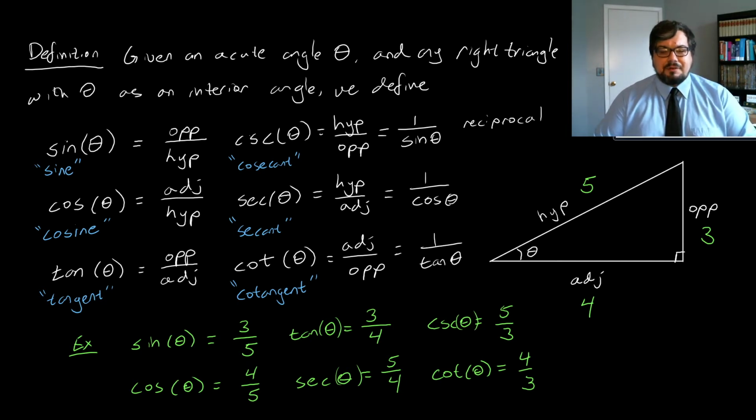And you'll notice that I've been inconsistent with whether I put parentheses around the theta or not. We'll often drop them for the sake of more efficient notation. So what the reciprocal identities here tell us is that if we remember that cosecant matches up with sine, secant matches up with cosine, and cotangent matches up with tangent, then we just need to remember what the ratios are that define sine, cosine, and tangent.